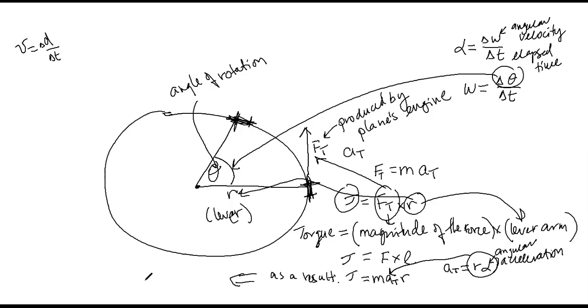So my torque is now equal to m r squared times alpha. This term is very important in angular momentum. This is I, and I is called the moment of inertia.